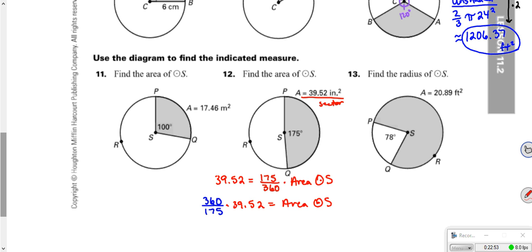And so then you poke that in your calculator and you get the area of circle S is approximately 81.30 inches squared. Now let me say something here.